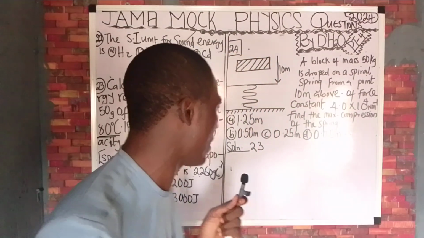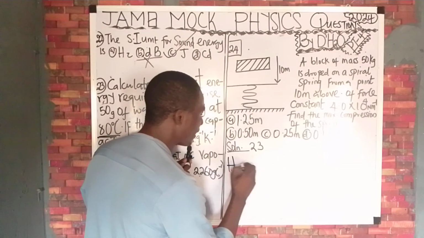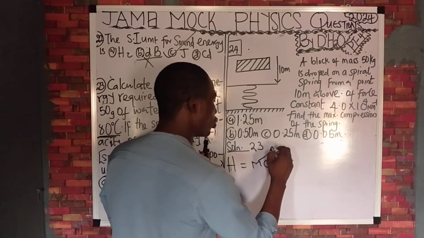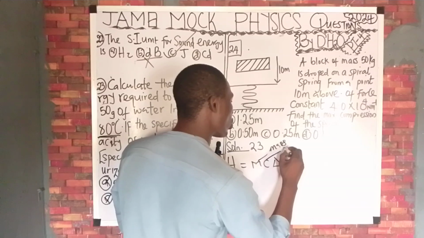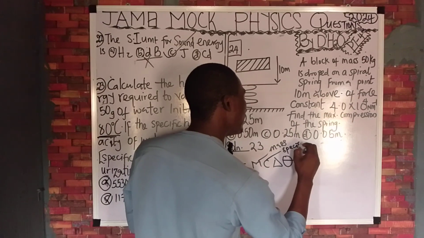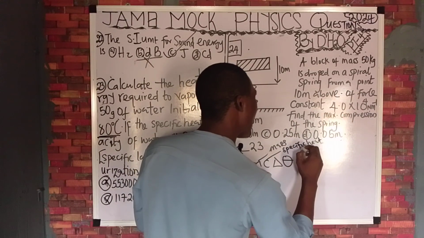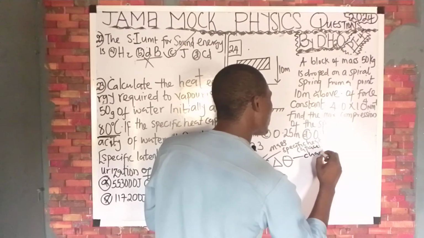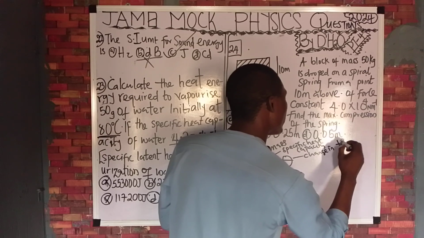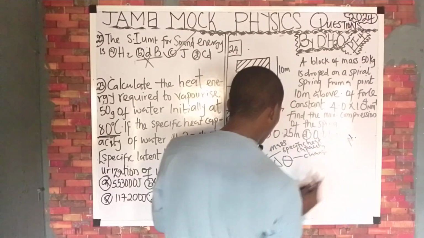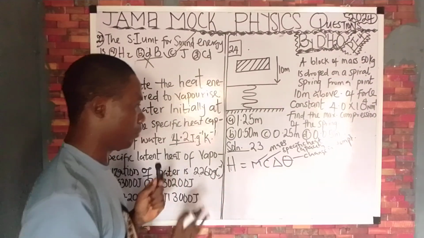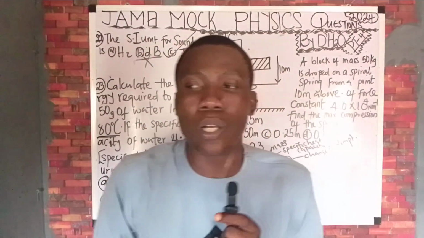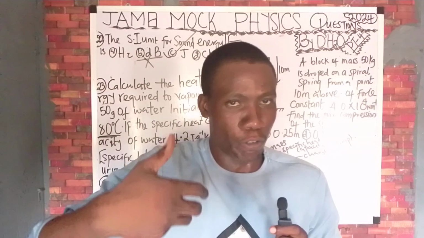The formula is thermal heat = mcΔθ, where m is your mass, c is the specific heat capacity, and Δθ is the change in temperature. It is the amount of energy required to raise the temperature of a body.